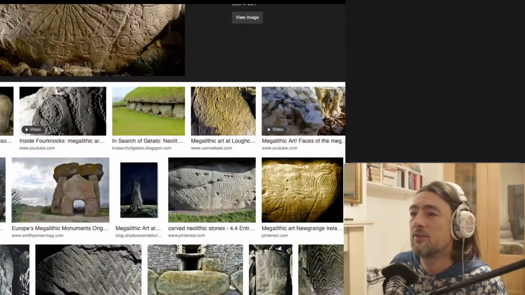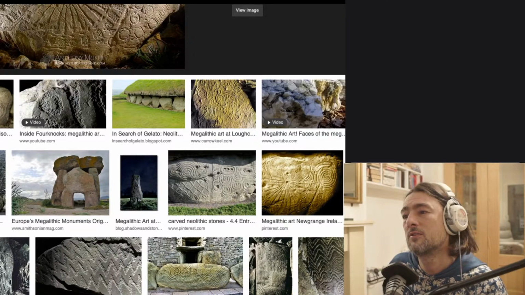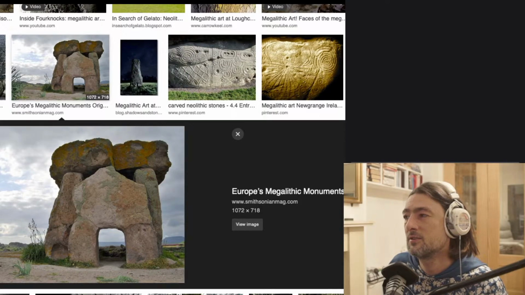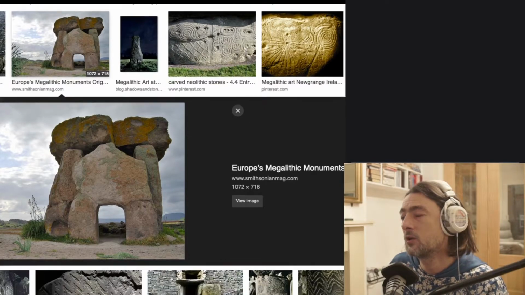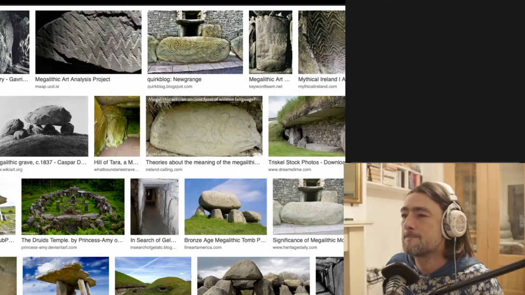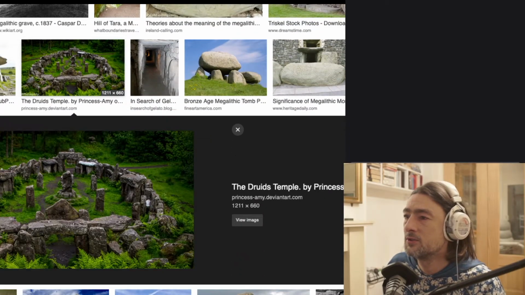Megalithic. That's cool, isn't it? Some people are doing stuff with little stones, making little things. Others are hoying massive, big old rocks around. You can probably see some of these around the world, can't you?